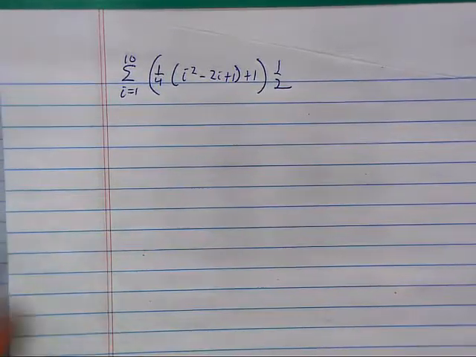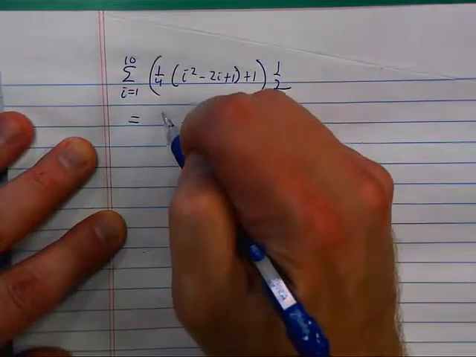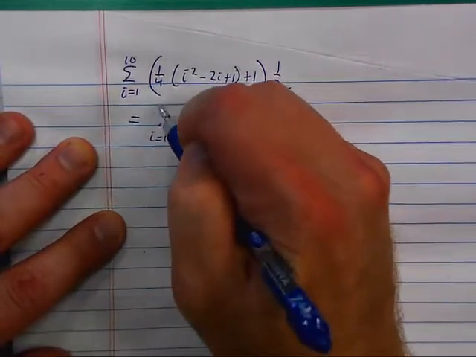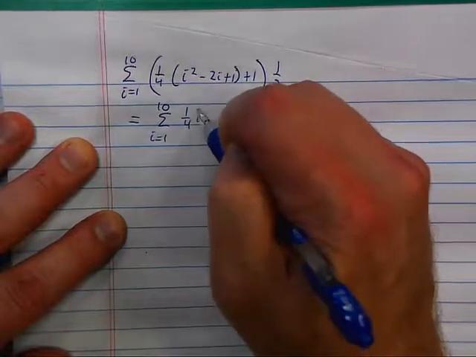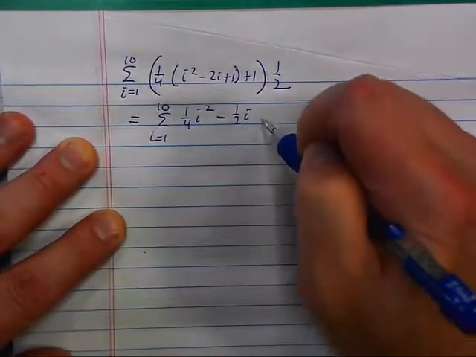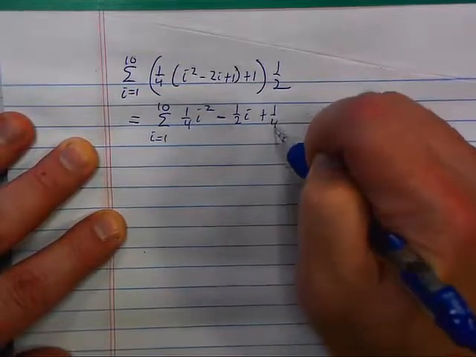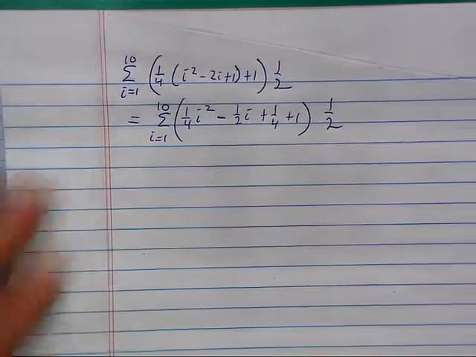Looks ugly. We're getting there though. All right, this is the sum, i equals 1 to 10, of 1/4 i squared minus 1/2 i plus 1/4 plus 1, all times 1/2.